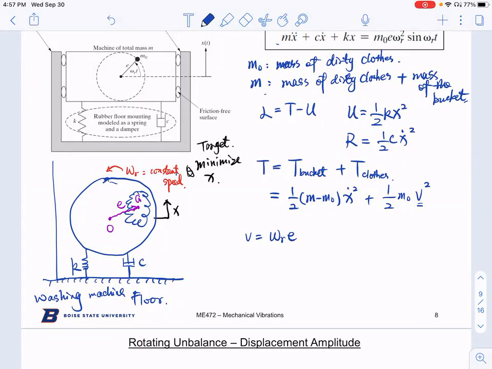Exactly, yes, that's it. Let me explain that. That works fine if your axis is fixed. But if you look at the clothes, it's rotating, but at the same time it's moving up and down, right? So this velocity is actually relative to the bucket. But you also have to include the velocity of the bucket relative to the ground, because this velocity is relative to ground.